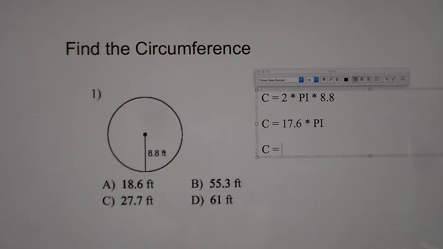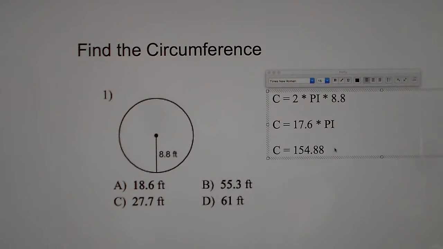So we do 17.6 times 8.8. We get 154.88. I'm sorry, I typed it incorrectly in the calculator. 17.6 times pi.